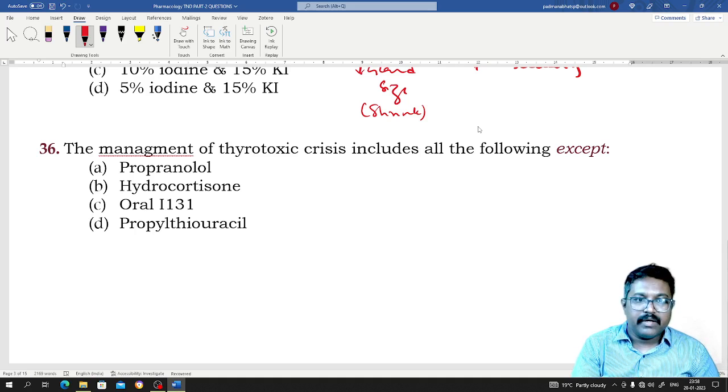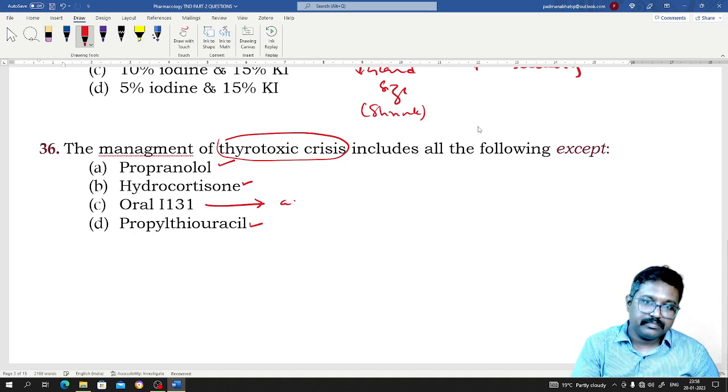So here you can use propranolol in thyrotoxicosis. You can use hydrocortisone. You can use propylthiouracil, but not the oral iodine 131 isomer. If you use these, it is going to aggravate the Graves' ophthalmopathy.